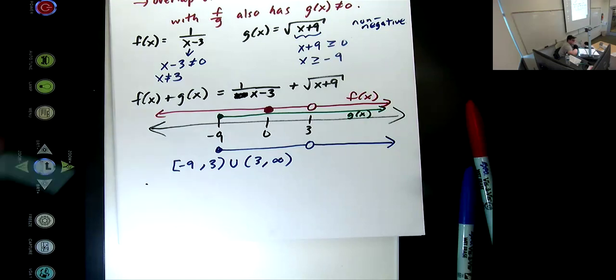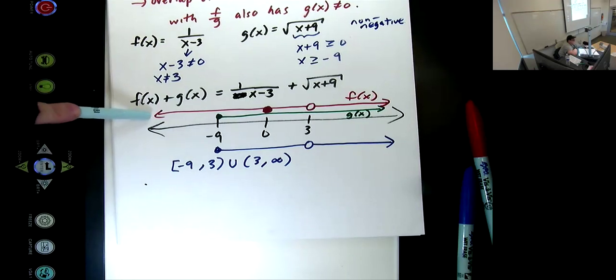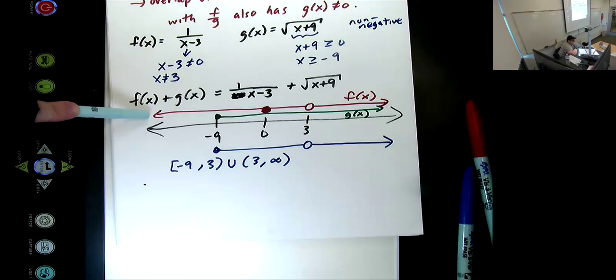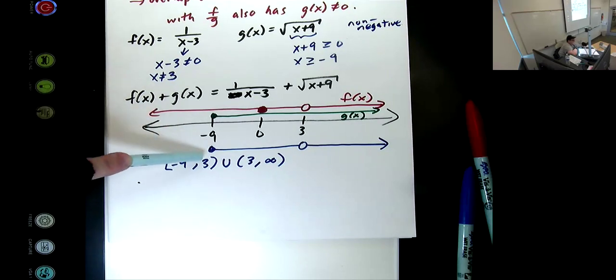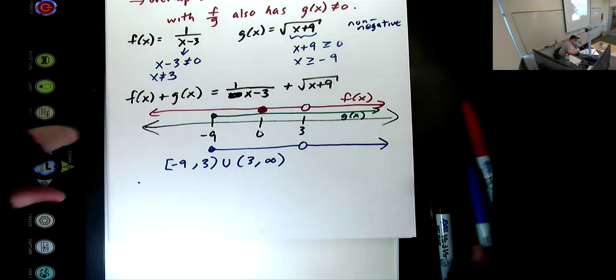F of x, like if I plug in -12, -12 minus 3 on bottom is -15. I can have 1 over -15, that's a number. It's not a good number. So f of x does continue on, it's the red line. But g of x doesn't continue past -9. So I have to have the overlap. Like where are they in common?